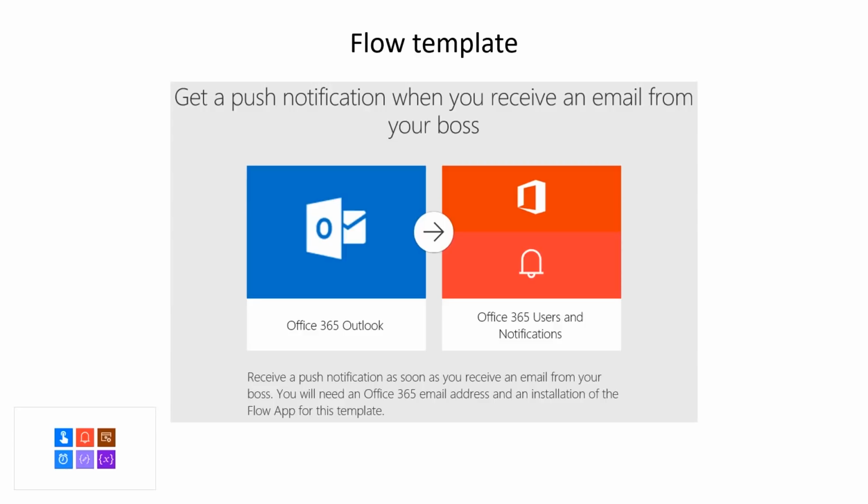I don't know about you, but I have, I think, 4 different email accounts where I get emails on my phone, and I get the email notifications, but of course there are so many that I don't want to miss ones from somebody important. So I've got Flow set up that I get a Flow notification if I get an email from particular senders that I definitely don't want to miss.